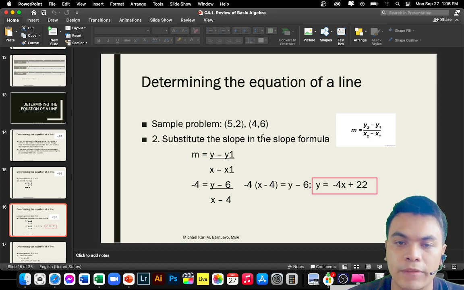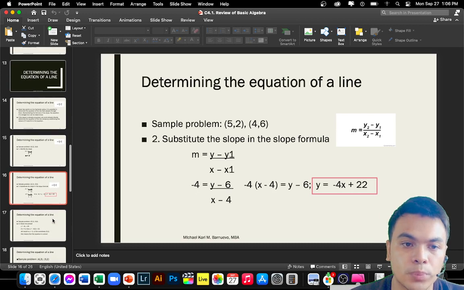So we have used the second coordinate, which is 4 and 6. So our formula now is negative 4, the slope, is equal to y minus 6 over x minus 4. And our formula from this given data is now y is equal to negative 4x plus 22.